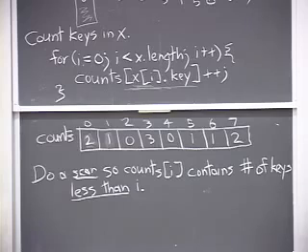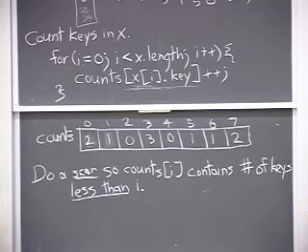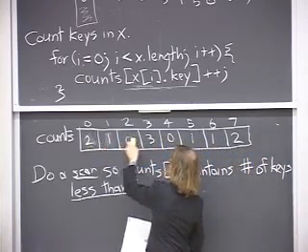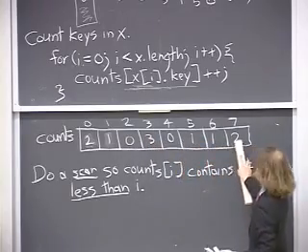So what does that mean? Well, I want this box, the 7 box, to have a count of how many keys are less than 7. So that means I add up all of these boxes. That's 3, 6, 7, 8, and I write an 8 into that box.